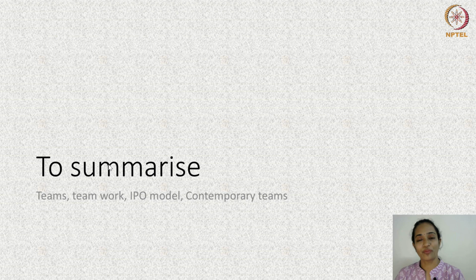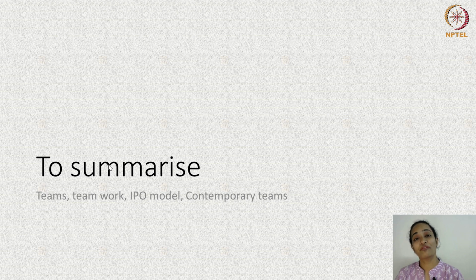So, to summarize, we have seen the definition of teams. Teams consist of a group of people who are interdependent, interact with each other and work towards the same goals. Even though researchers have been studying teamwork for many decades, we still haven't found solutions to problems which plague teamwork.